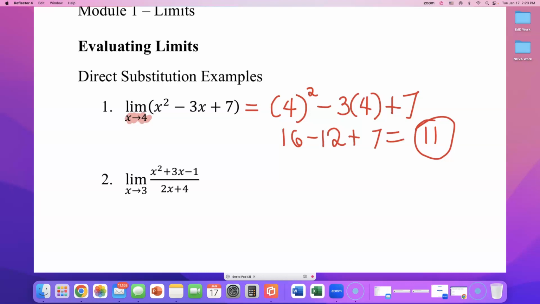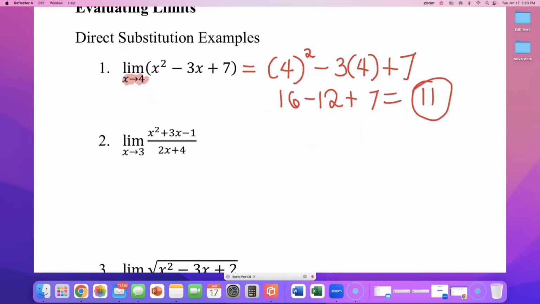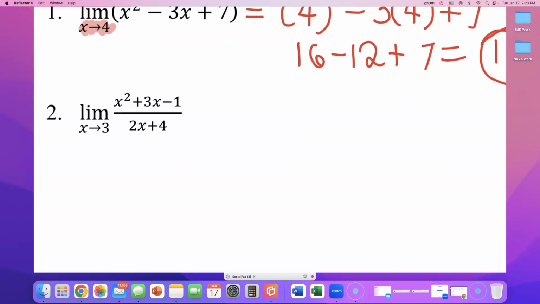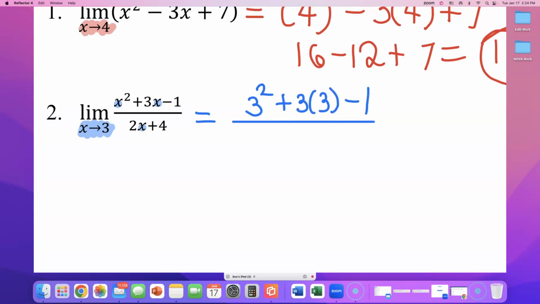So when you are doing these limit problems, plug in first to see if it gives you an answer, okay? Like number 2 over here, I can try to just plug in 3 into this function. Everywhere I see x, I will plug in the number 3. So that's going to be a big fraction. 3 squared plus 3 times 3 minus 1 on the numerator, and in the denominator, I will have 2 times 3 plus 4.